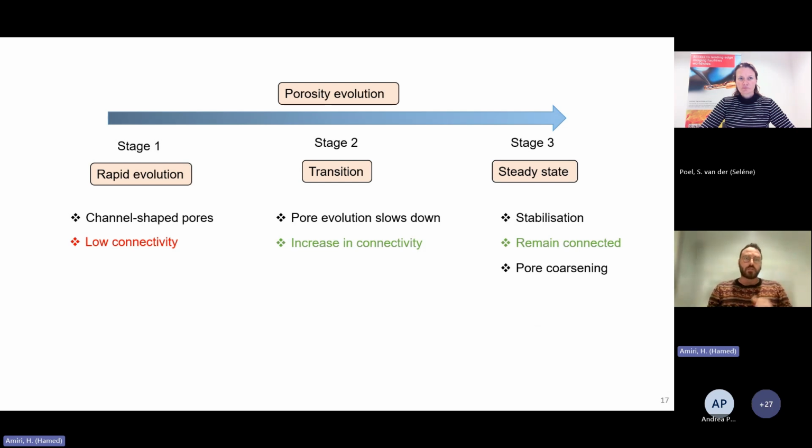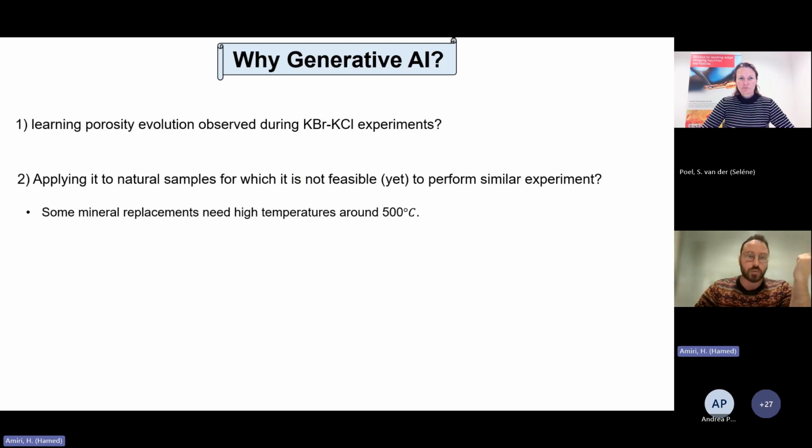And then what we did in the second part was to use the data that we acquired during the experiment to train a generative model with two motivations.